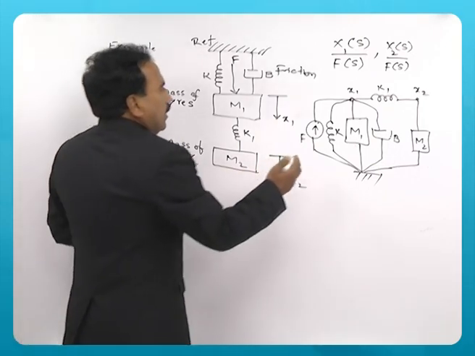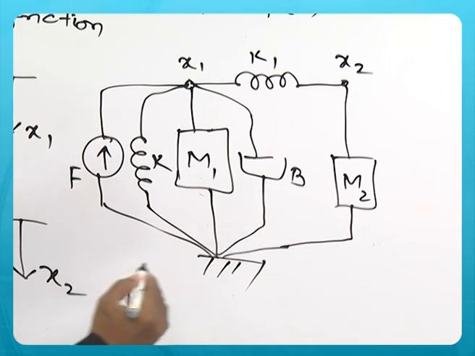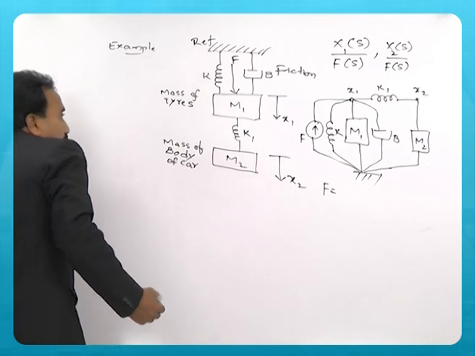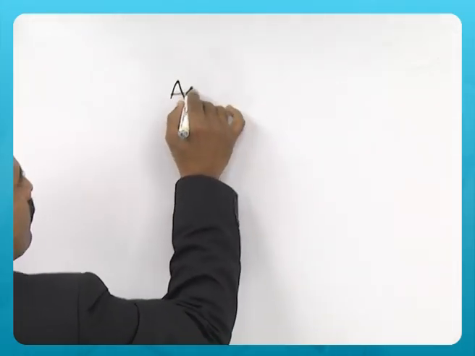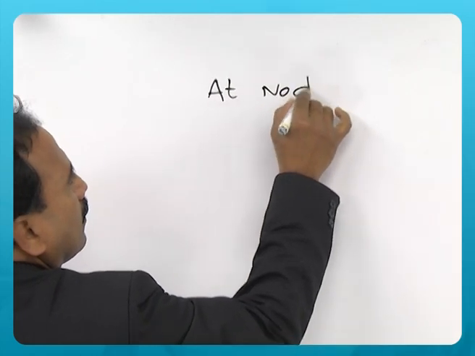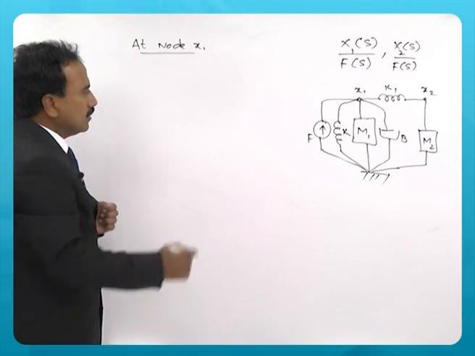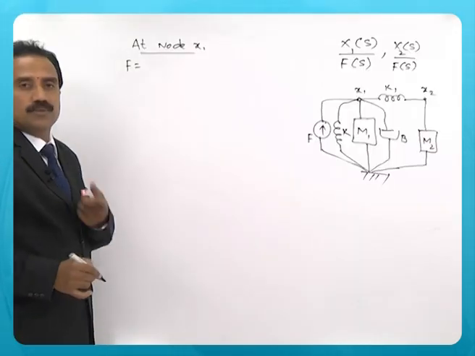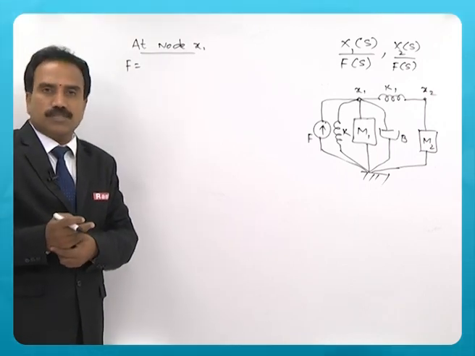So, you can have now the force equation at node 1, which has displacement of x1. I can write that force according to Newton's second law of motion: applied force equals reaction forces.